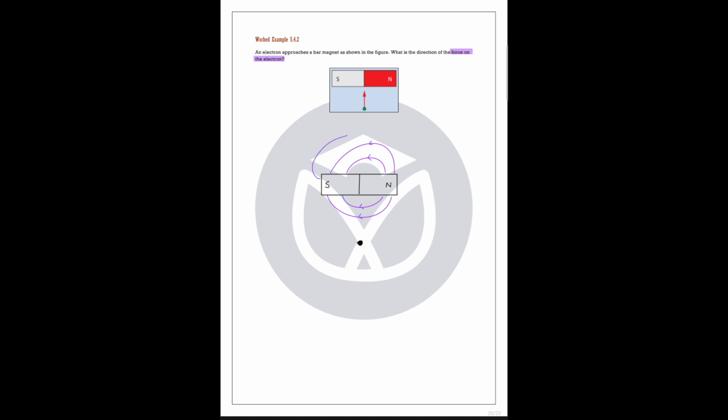Okay. So this is a rough illustration of what the field lines look like.